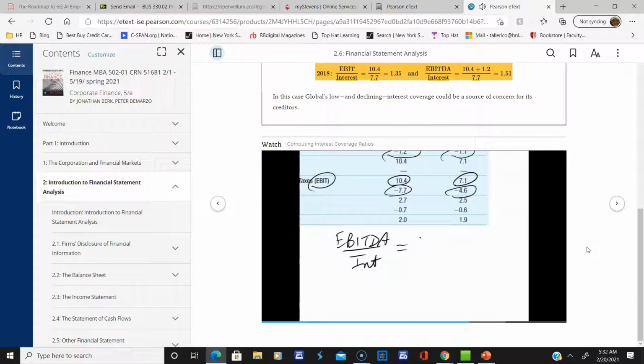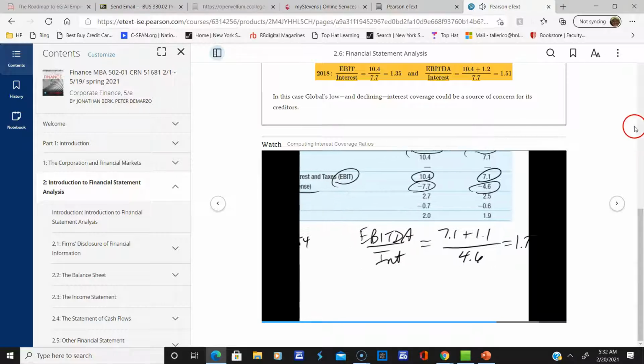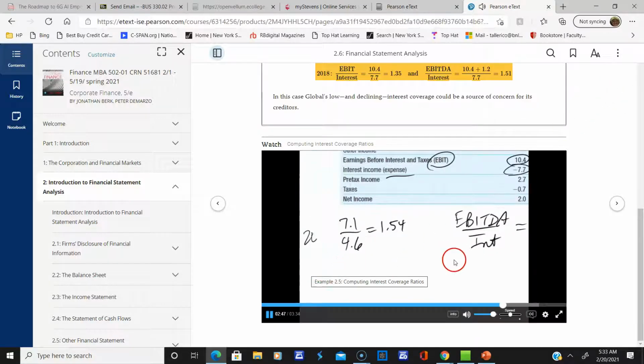Since it's not an actual cash outflow, it could have been used to cover interest obligations. So that's 7.1 plus 1.1 over the interest expense, which is 4.6, and you get 1.78 in this case, so closer to 1.8 times its interest obligations. Now that was for 2012.